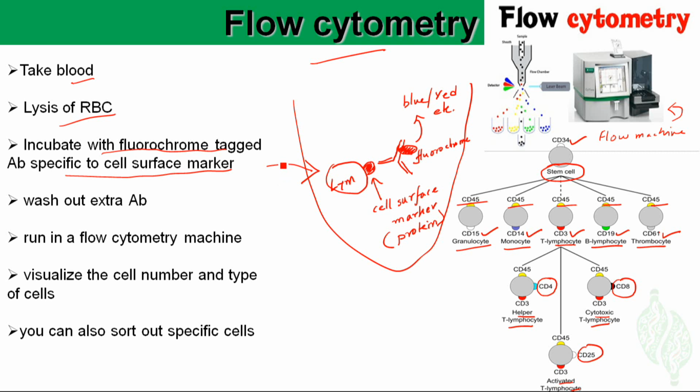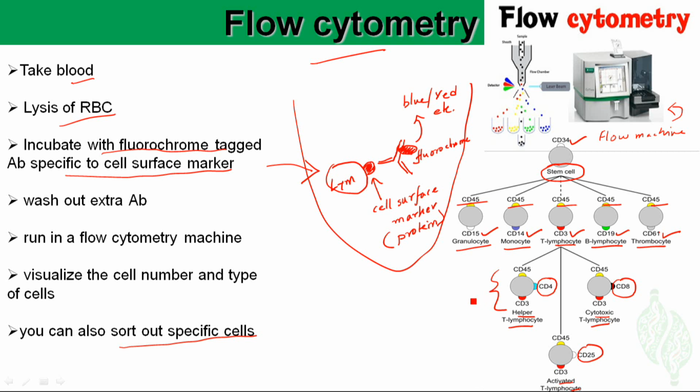Then you can visualize the cell number and the type of cell, and not only can you visualize the specific cell type, but you can also sort a specific cell type. Like if you want to sort out the CD3 or the T lymphocyte, you can sort and pull out those cells from the total leukocytes.